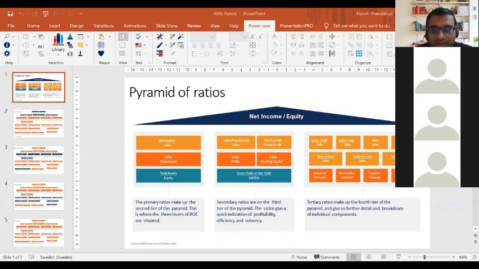Sales by total assets is another ratio, and total assets by equity. One second, I will just put it across if you are not able to see the Excel.